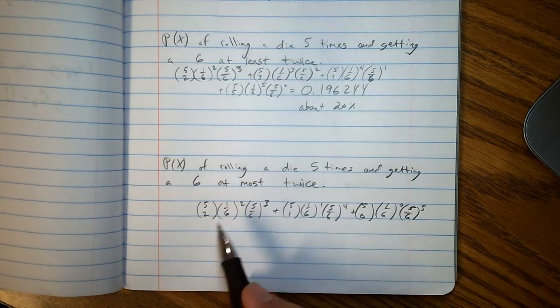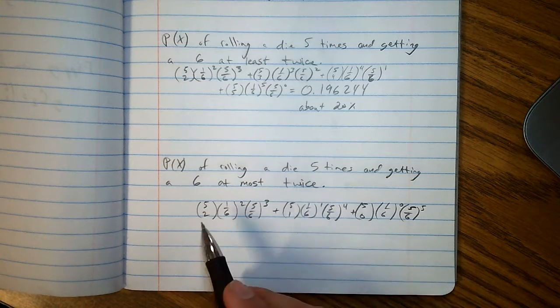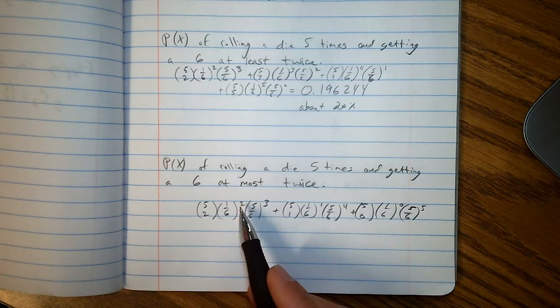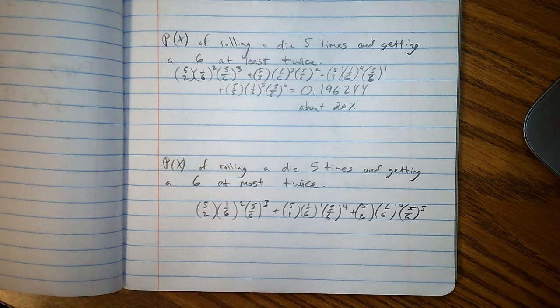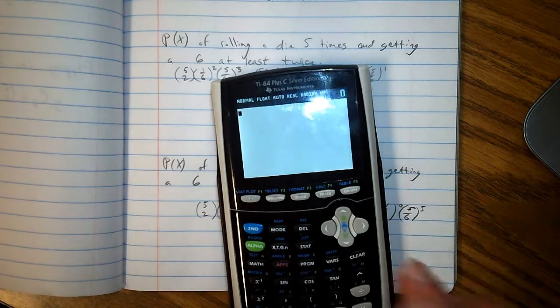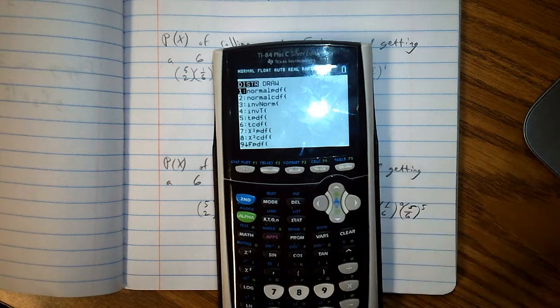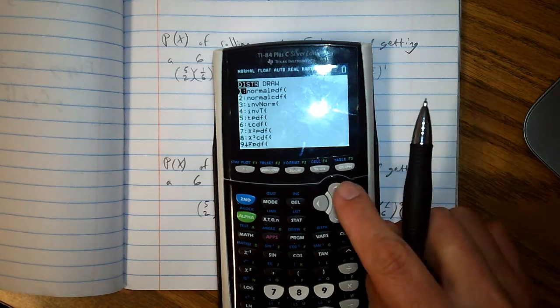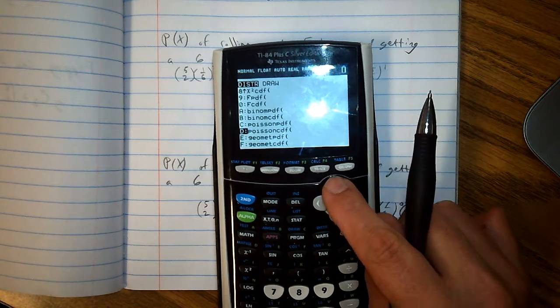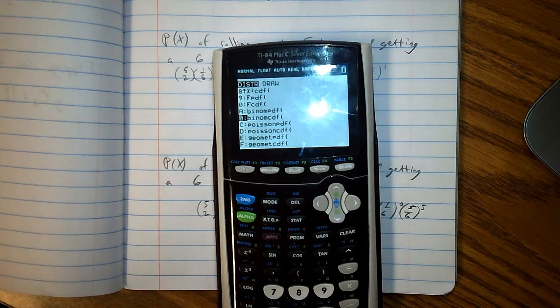So once again, at most twice. That means 0, 1, or 2. So we start with 2 since we know that one, and that one's going to count down. 2, 1, 0. So when I go to distribution, now this time I'm going to show you another shortcut. If we push up, we go to the bottom of the list. That's a little bit faster. So the one that's got the CDF.